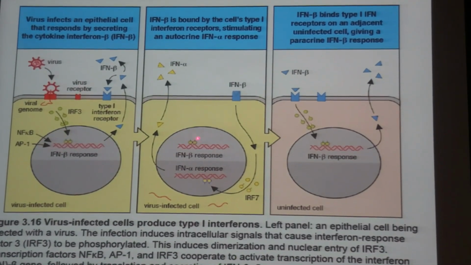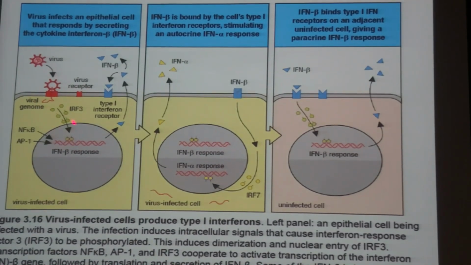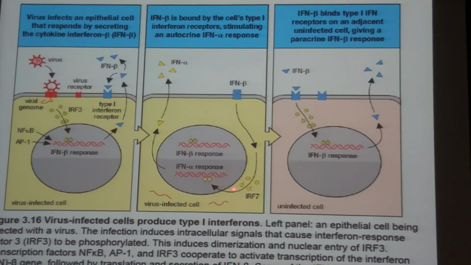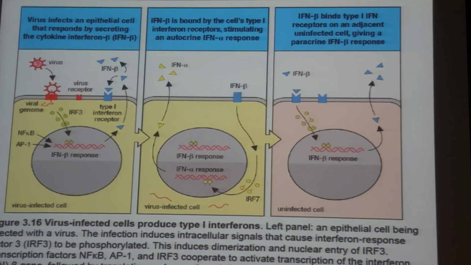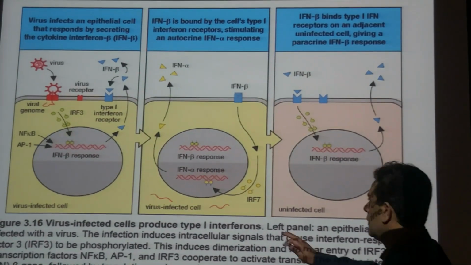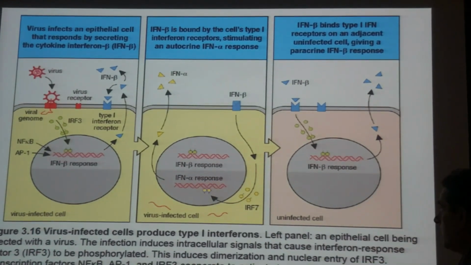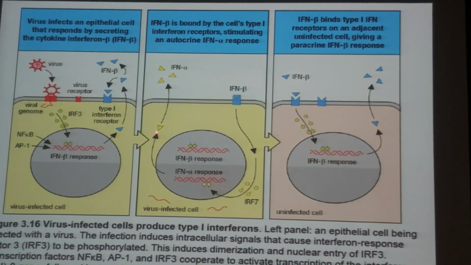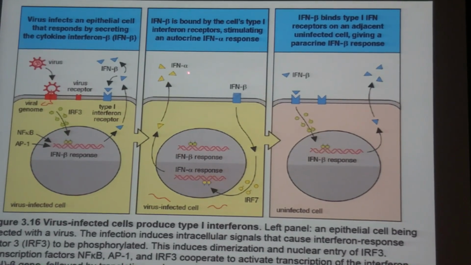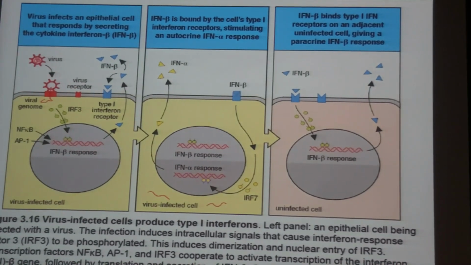The green one works through this mechanism, interferon response factor 3, and the yellow factors that you see here are IRF7, or interferon response factor 7, which act upon this particular gene. So interferon alpha will be transcribed, and the product made will be secreted out of the cell. That is interferon alpha, okay?